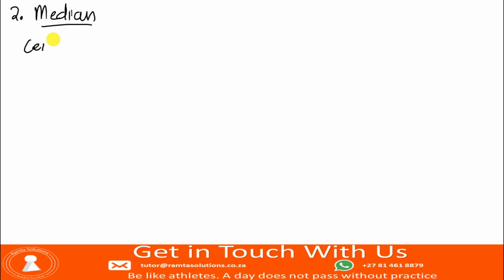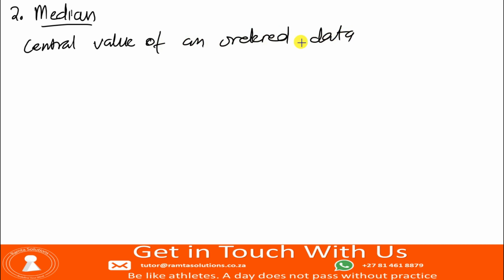It is the central value of an ordered data. So when I say ordered, I basically mean numerically ordered data. So your data must be in ascending order. The key word here is that it is a central value. In addition, it divides data into 2 equal halves.